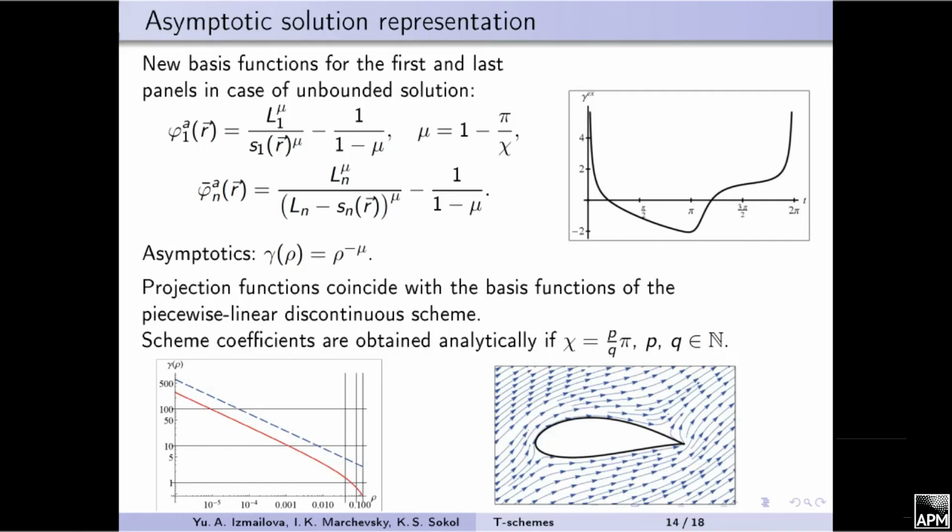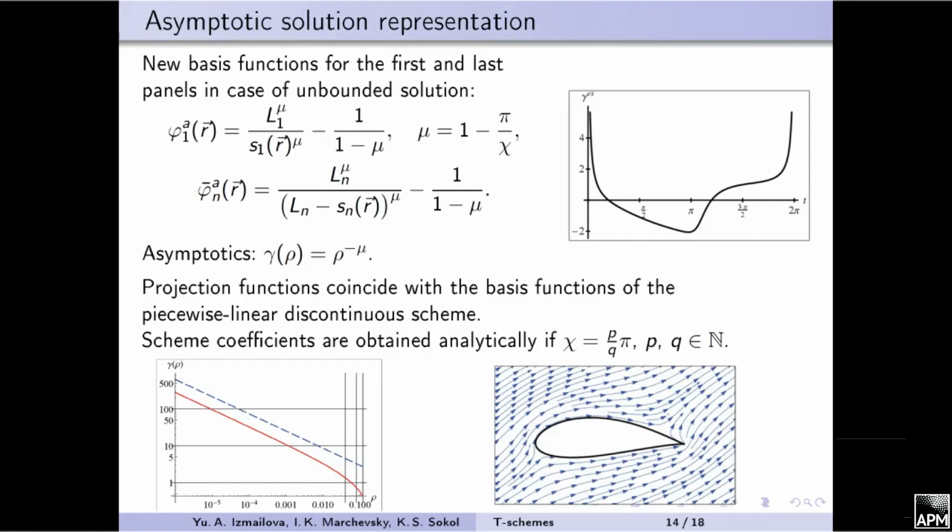We will introduce new basis functions onto the first and the last panels, and instead of the piecewise linear basis functions, we will use these new basis functions, but we leave the projection functions we use in the piecewise linear scheme.